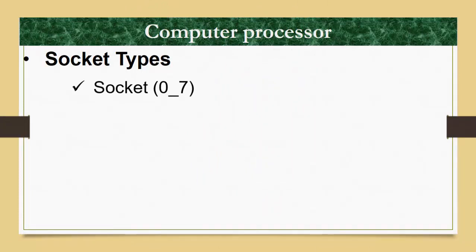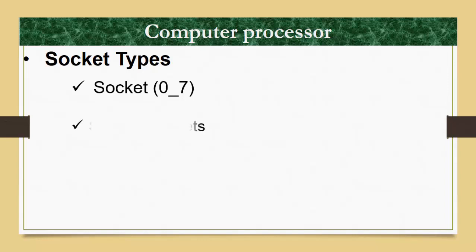Okay, socket types. Here are usually 11 of the most commonly used socket types. The first ones, students, start from socket 0 to socket 7: we have socket 0, socket 1, socket 2, socket 3, socket 4, socket 5, socket 6, and socket 7.